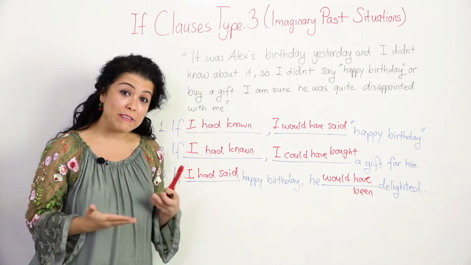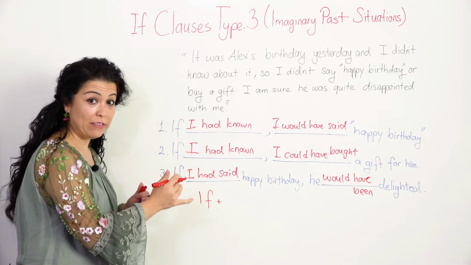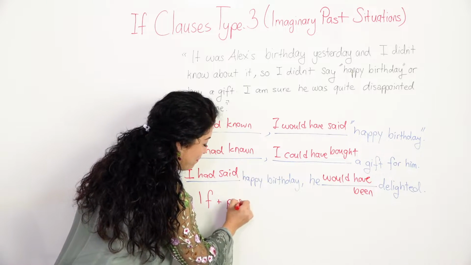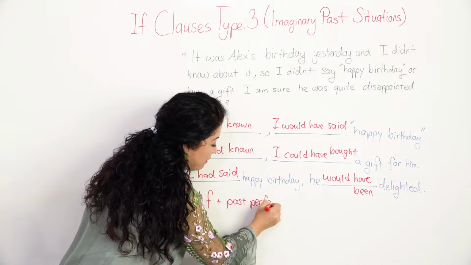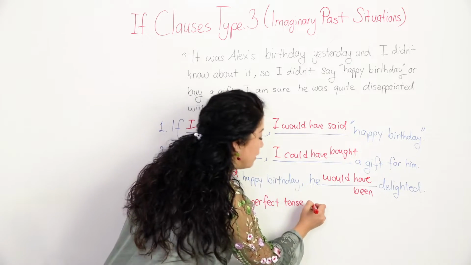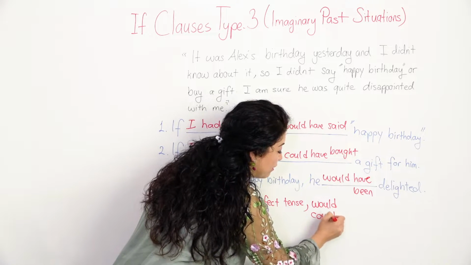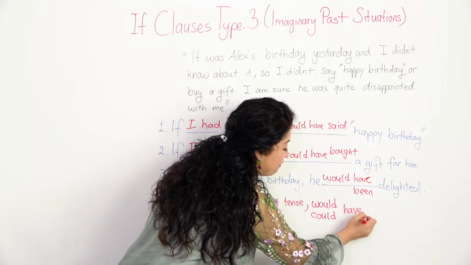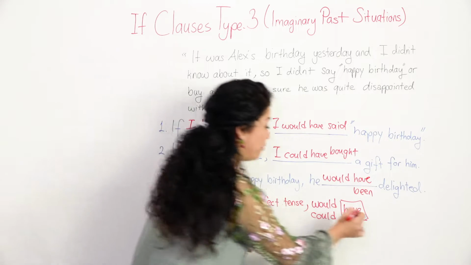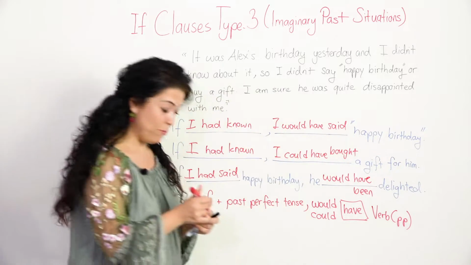So, let's go deeper with the structure. How did we form this if clause? We started with if, and right after that, we had a sentence in past perfect tense. The second half of the sentence continued with would or could have, and then past participle form of the verb. Verb, past participle, right?